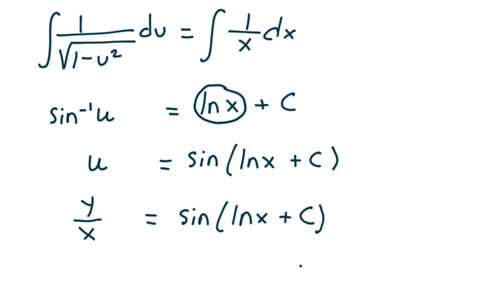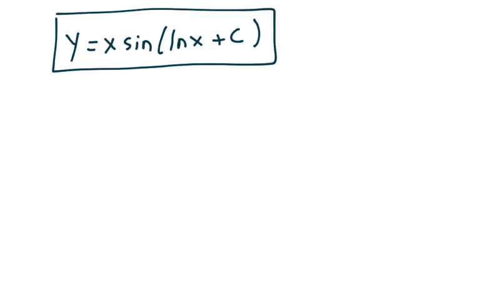But remember, y equals u times x, so u equals y over x. So y over x is equal to sine of the natural log of x plus c. Multiplying by x, we get y equals x sine of the natural log of x plus c.